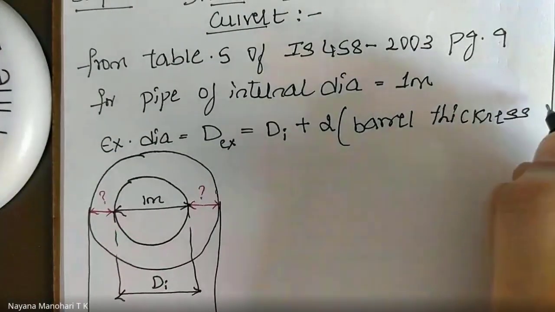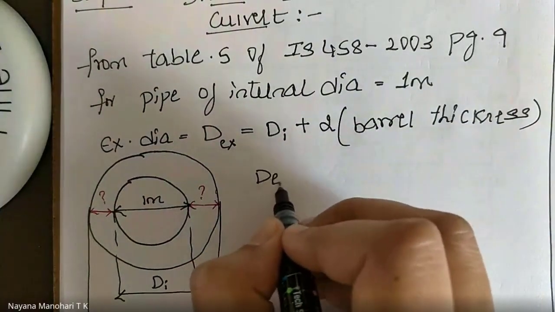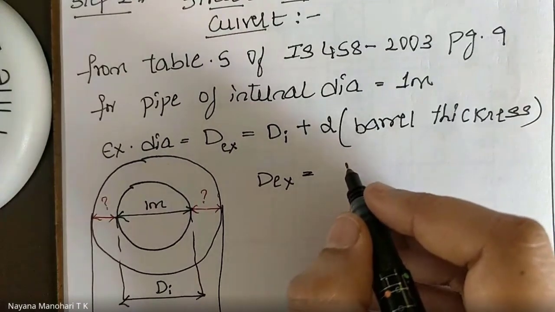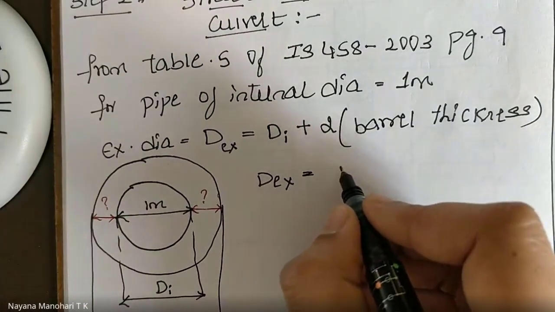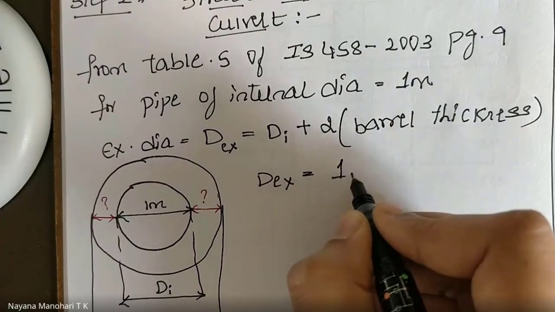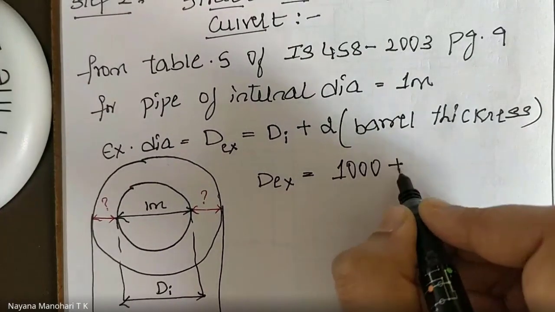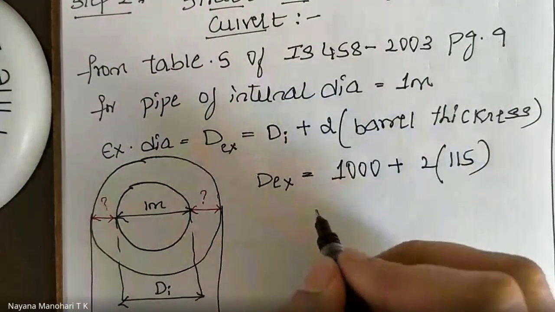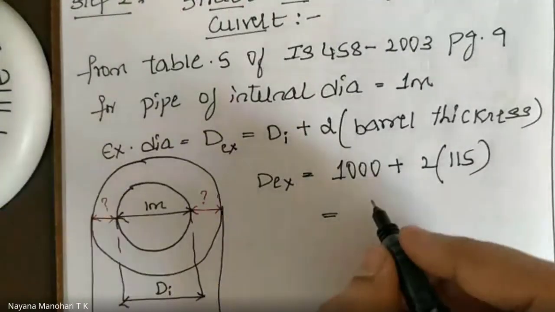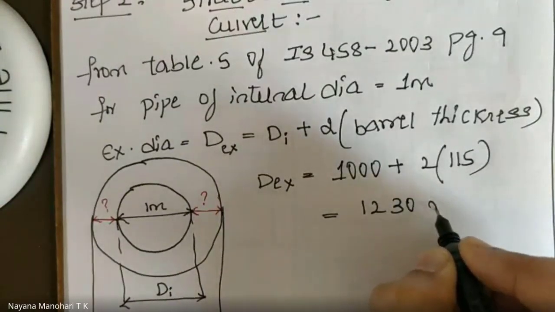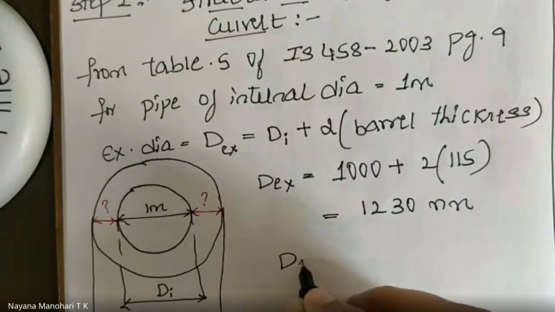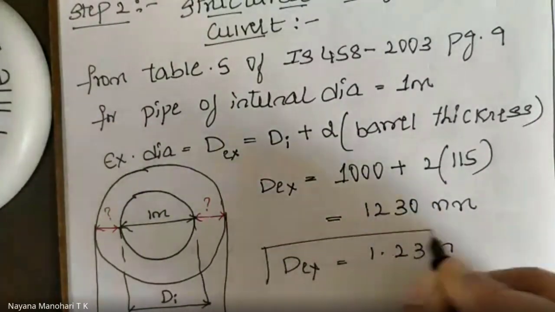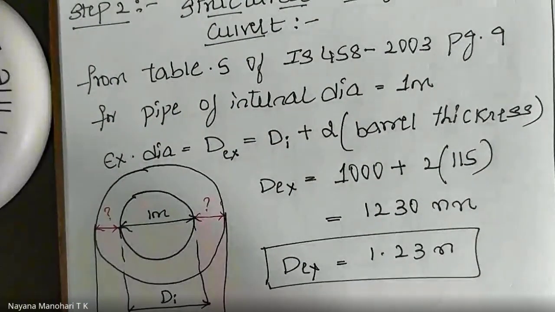Now the external diameter is, you can substitute in mm, 1000 mm plus twice the barrel thickness, which is 115. Calculate it. How much will you get? 1230 mm. In terms of meter, the external diameter will be 1.23 meter. This is your external diameter.